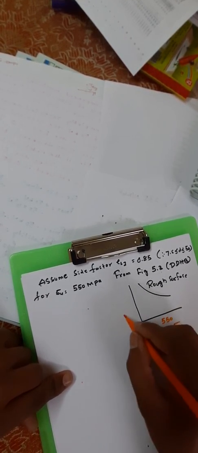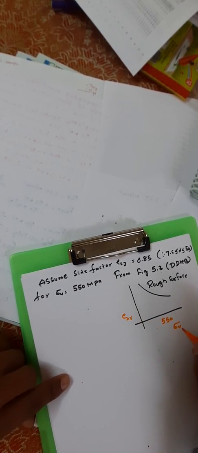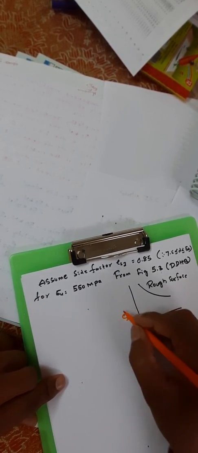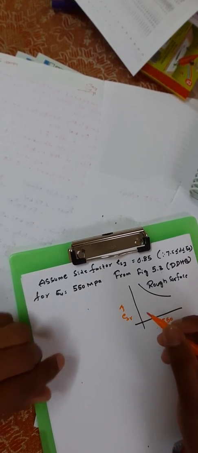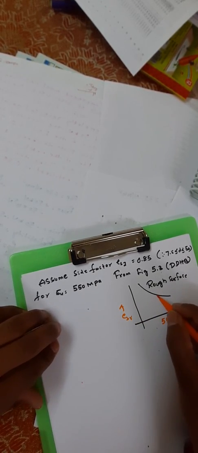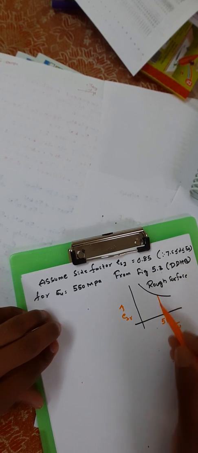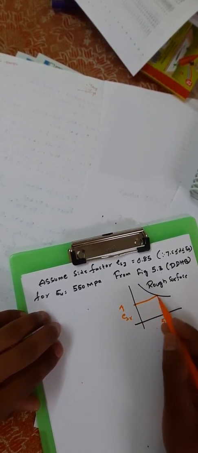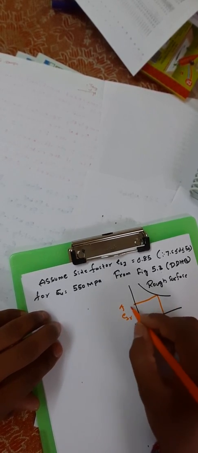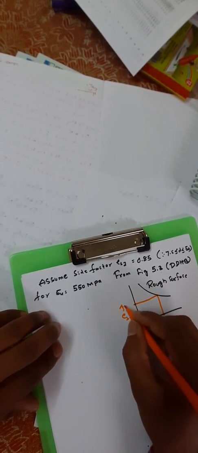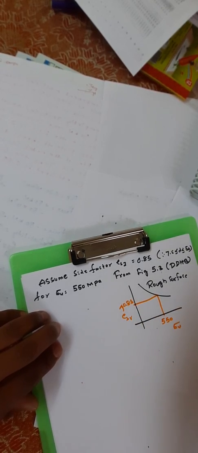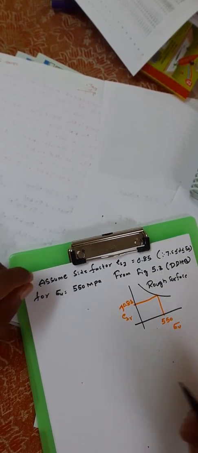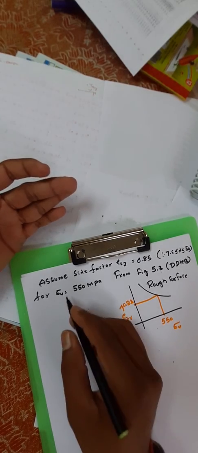Here, for ESR, in the x axis we have ultimate stress, and in the y axis we have the surface condition. You draw one line like this, where it intersects the rough surface line. From there you draw one more line, parallel to this line. Somewhere here we'll get 0.83. This is how we can find out the ESR.